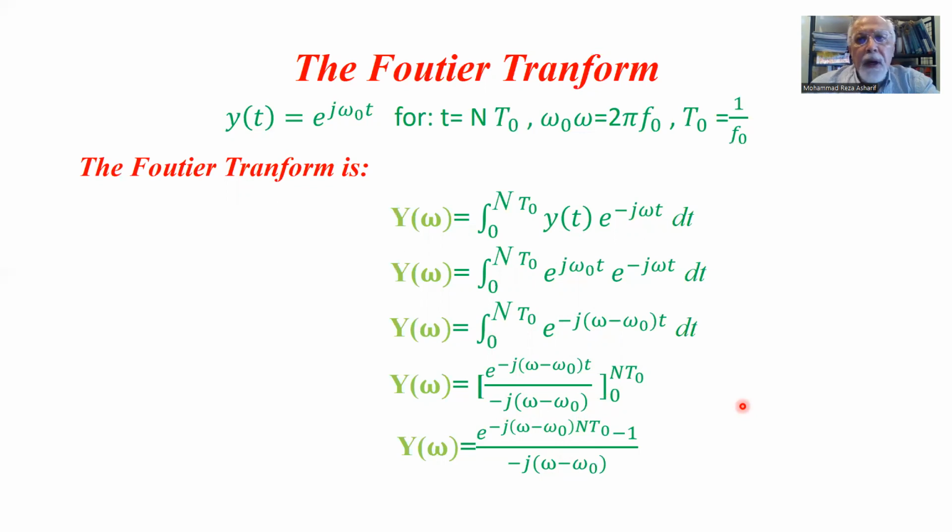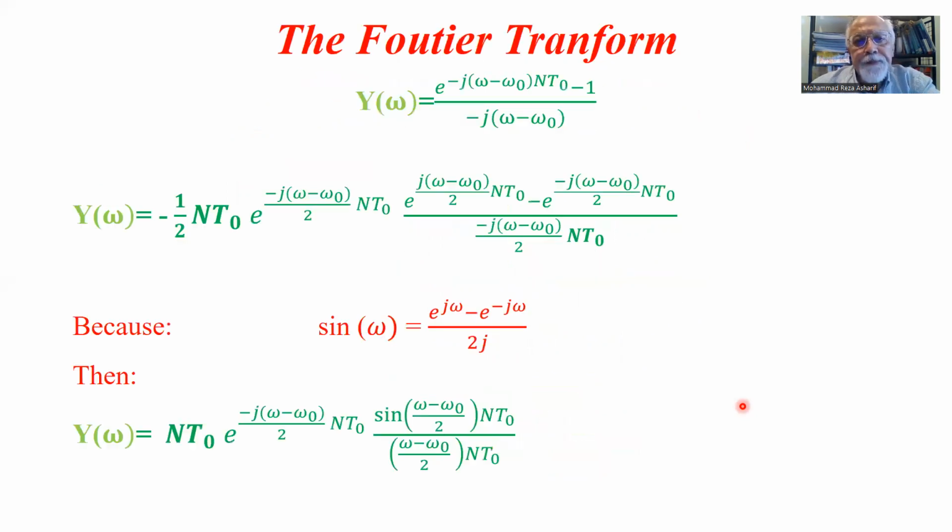You can do it by yourself anyway. So this is our Fourier transform, in this case a special case of finite length. And we can also rewrite it by factorizing this part, so it will become like this, using the Euler formula: sine omega equals e^(j omega) minus e^(minus j omega) over 2j.